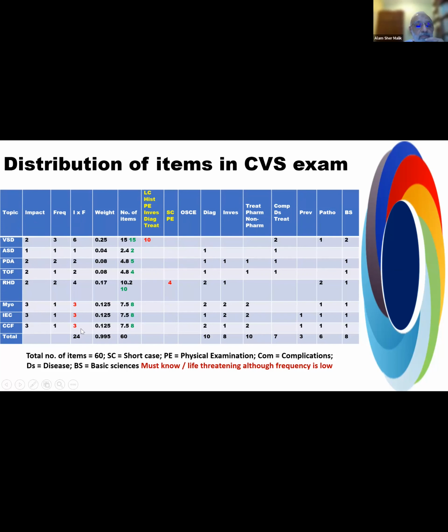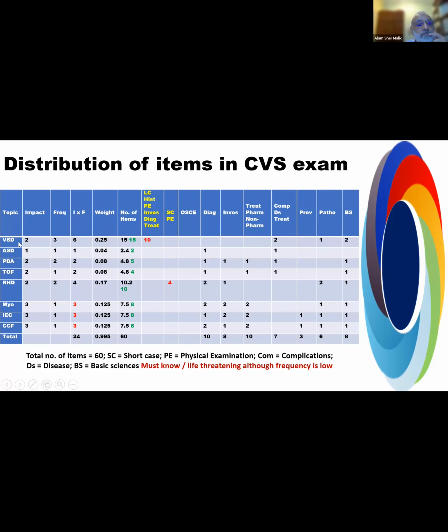Because the total number is 24, 6 over 24 gives us a weightage of 0.25. Now, because the total number of questions is 60, multiplying 60 by 0.25 would give us a number of 15.